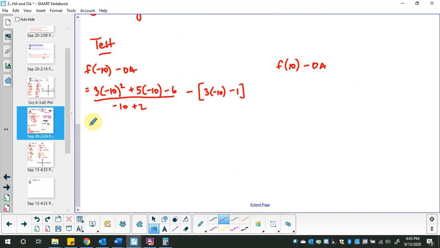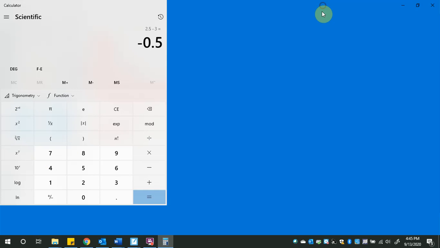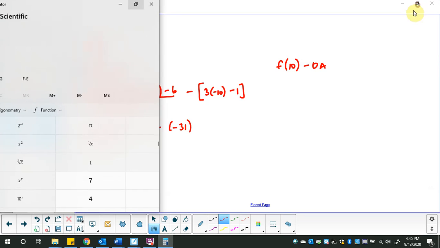So I'm going to do some mental math here. You can do it on your calculator if you like. This is 300 minus 50 minus 6 over negative 8 minus negative 30 minus 1 is negative 31. So now it's time for my calculator. Whoa!